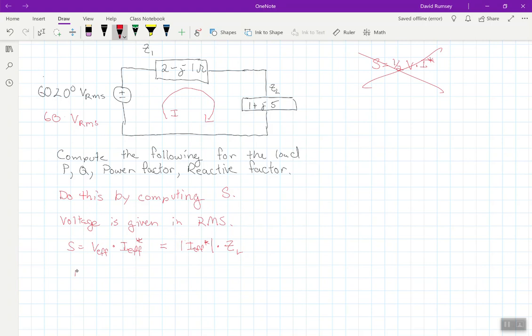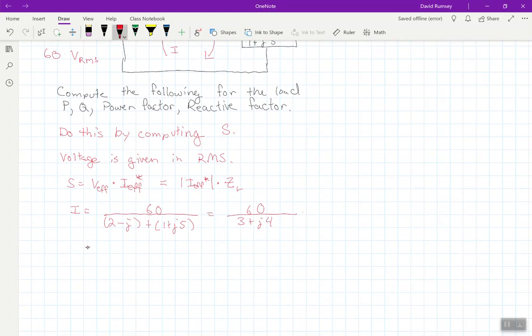And so my current is simply going to be 60 divided by 2 minus j plus 1 plus j5, which is equal to 60 divided by 3 plus j4. So if we do that computation, we get the following: 7.2 minus j9.6 amps. And this is RMS.